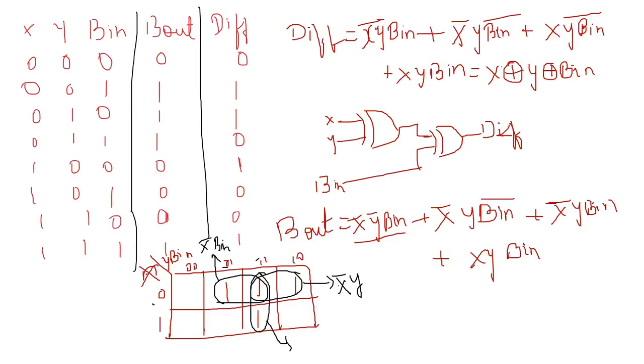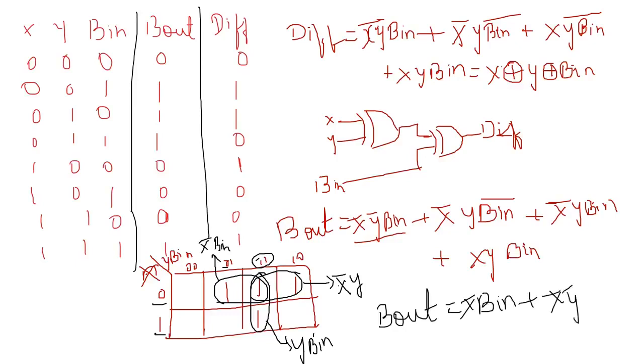We can see here X value is changing from 0 to 1, whereas Y and B in value has remained constant as 1, so Y B in. So the equation for borrow out will be equal to X bar B in plus X bar Y plus Y B in.